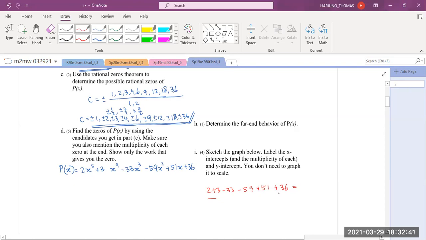This is 41, that's 92, positive 92 minus 92. So yes, that's 0, right? So 1 is a zero. Because 1 is a zero, I use synthetic division to reduce that to degree 4.